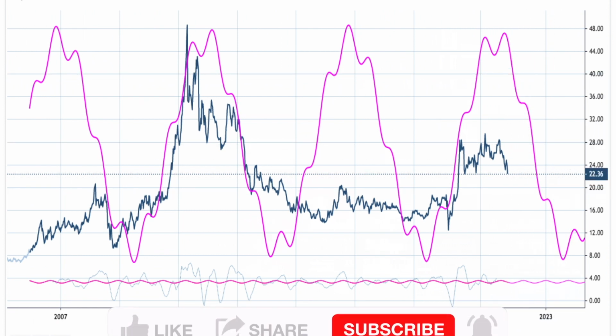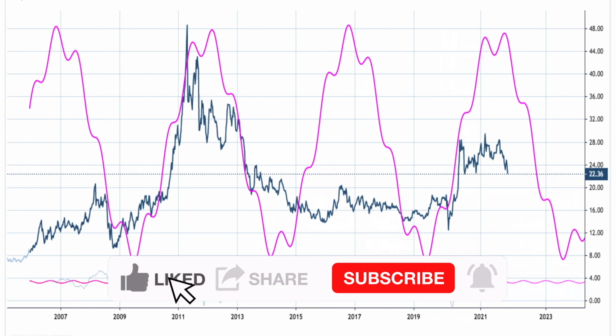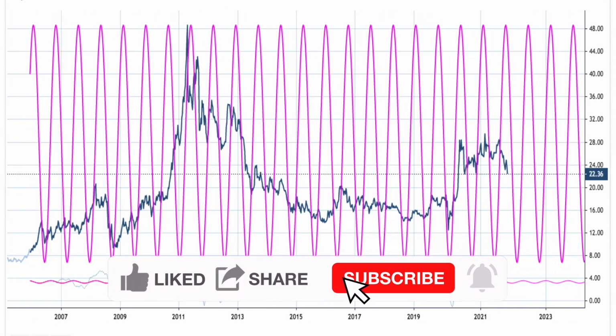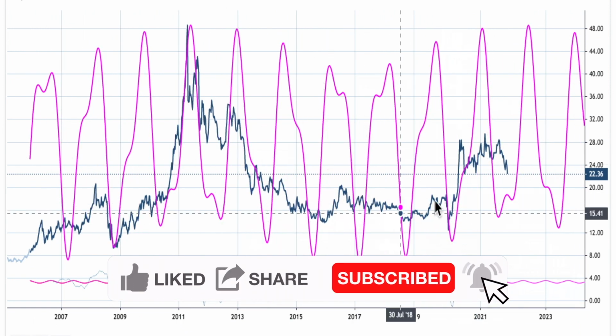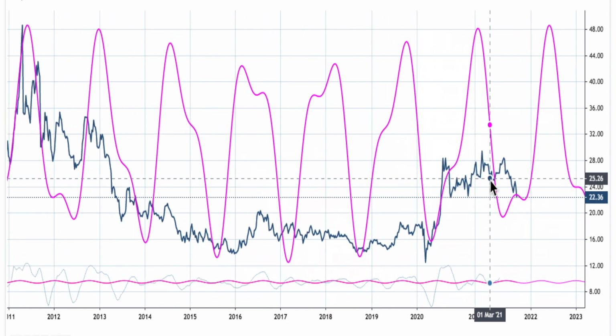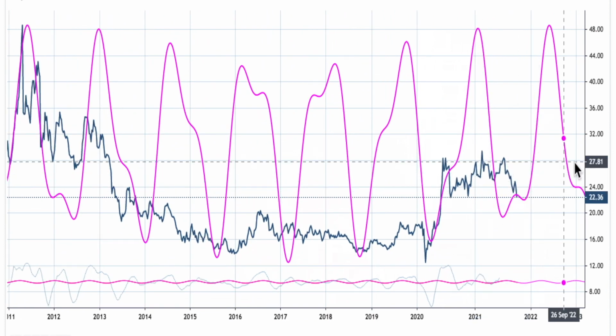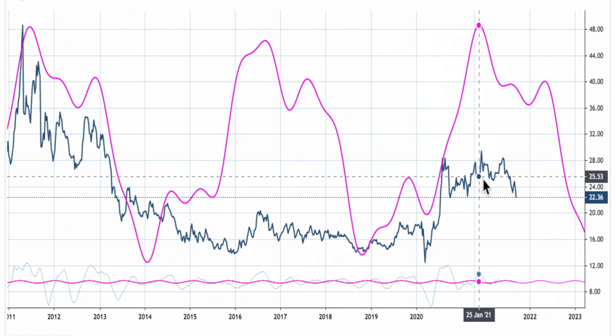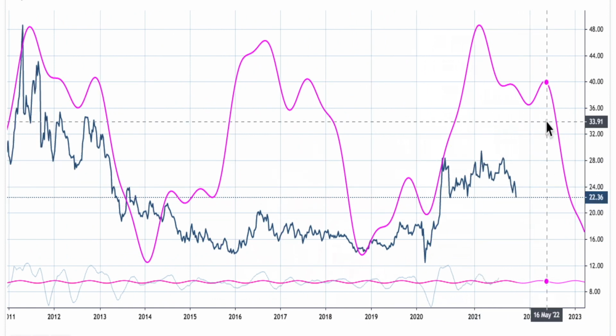If we take the 258 out and add the 86, this is what it looks like. It's just something interesting to note on the weekly cycles. The 86, the 258, and the 40 kind of show this all together.